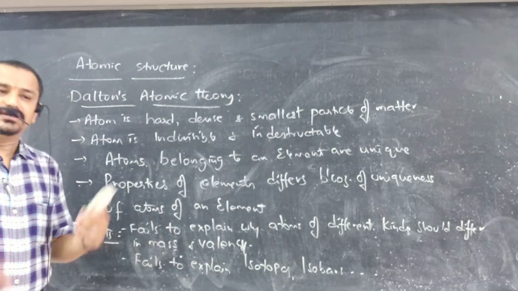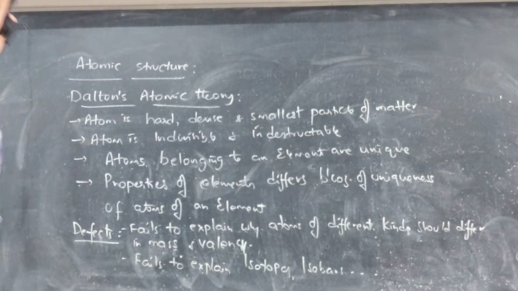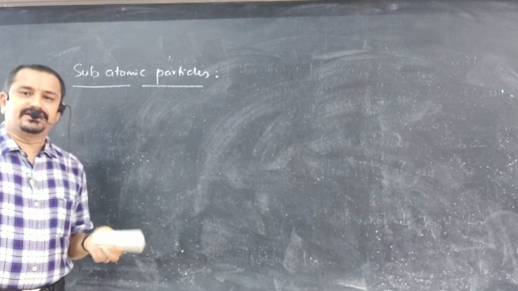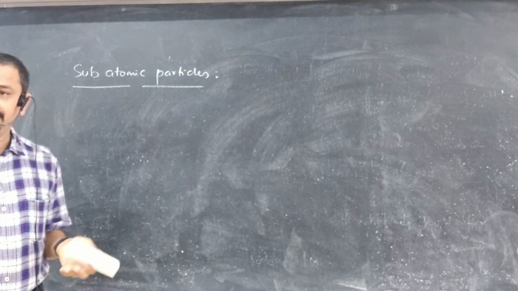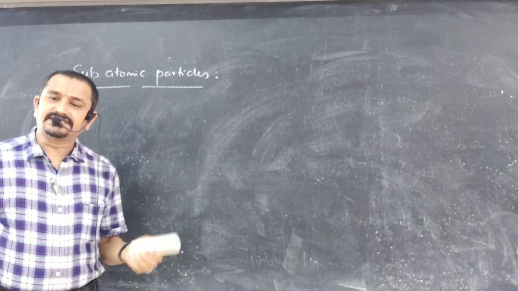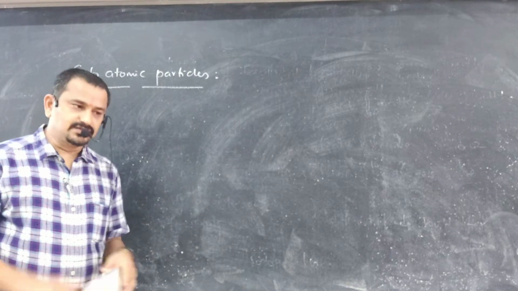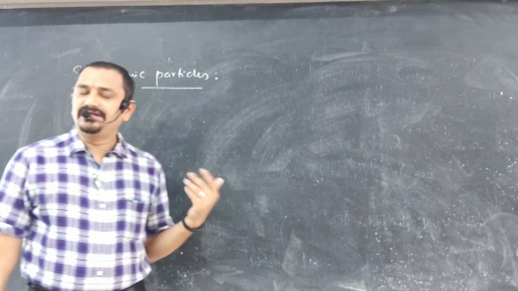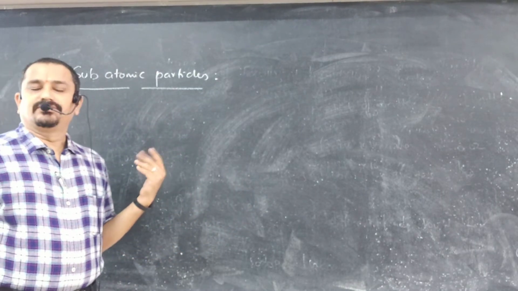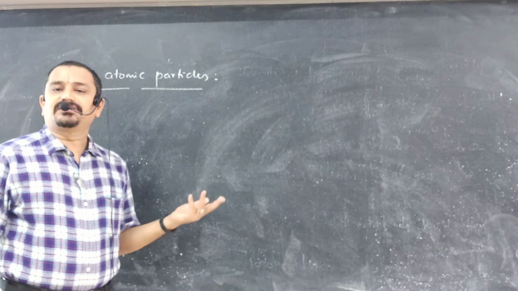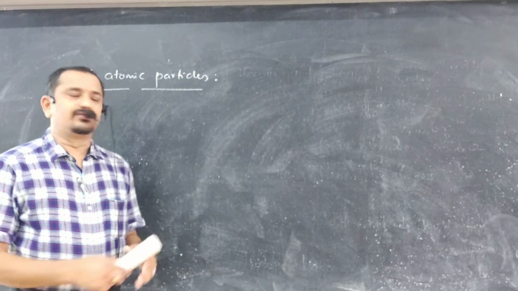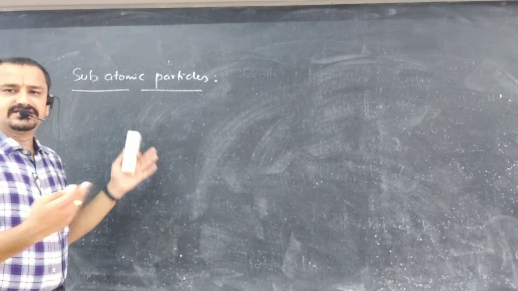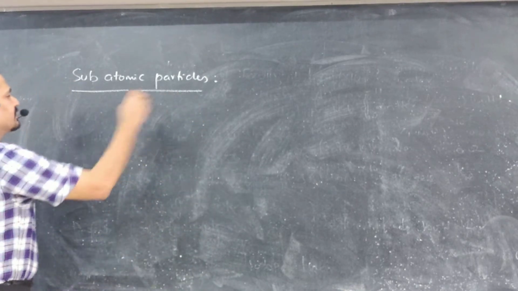At the same time, another theory was given. With the discovery of subatomic particles in the 19th century, like electrons, protons and neutrons, the concept of the indivisible and indestructible part of matter, the atom, was ruled out, because still smaller subatomic particles were discovered with several discharge tube experiments.